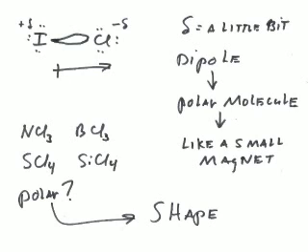Only two of those four molecules are actually polar molecules. The other two are non-polar molecules, even though they do in fact have polar bonds within them. And the question is if polar bonds don't automatically get you polar molecules, what does in fact get you polar molecules? And that brings us to the idea of shapes of molecules.